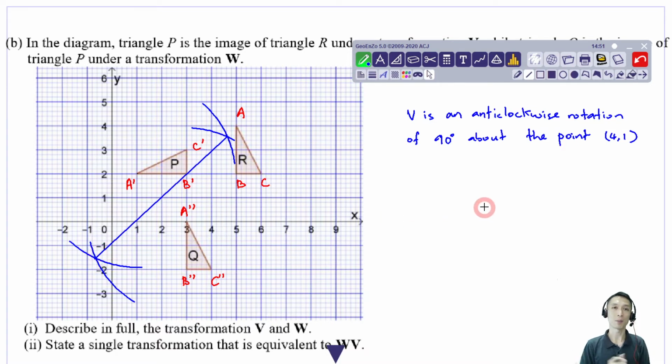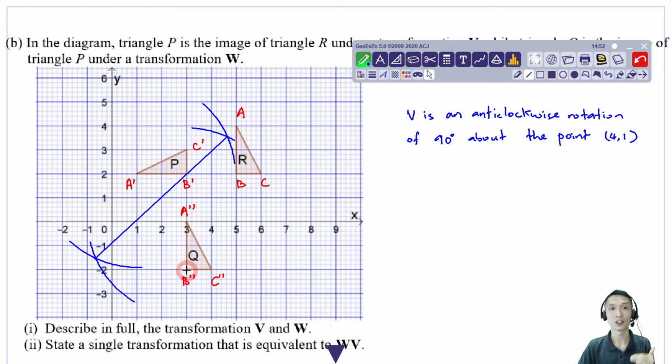One perpendicular bisector is not enough. We need to construct another one. You can use B prime and B double prime, or C prime and C double prime. In this situation, I'm going to use B prime and B double prime because it's easier. This is a vertical line. To construct a perpendicular bisector, we can just calculate. We don't have to use our compasses. 1, 2, 3, 4.